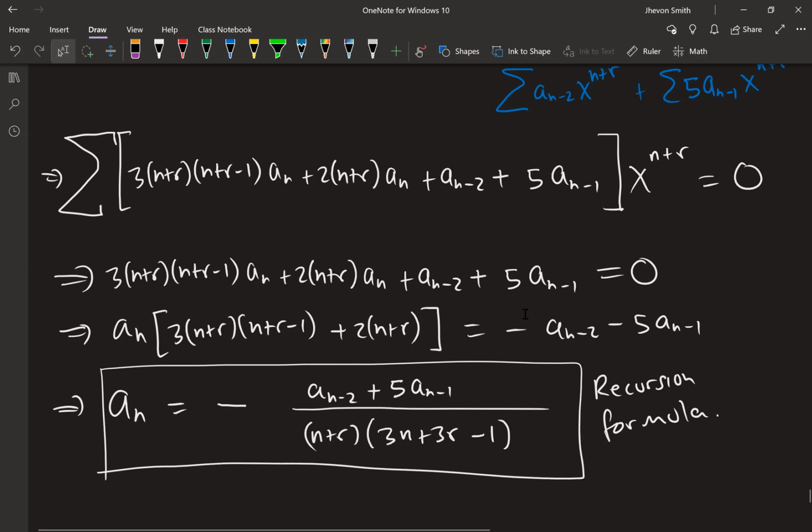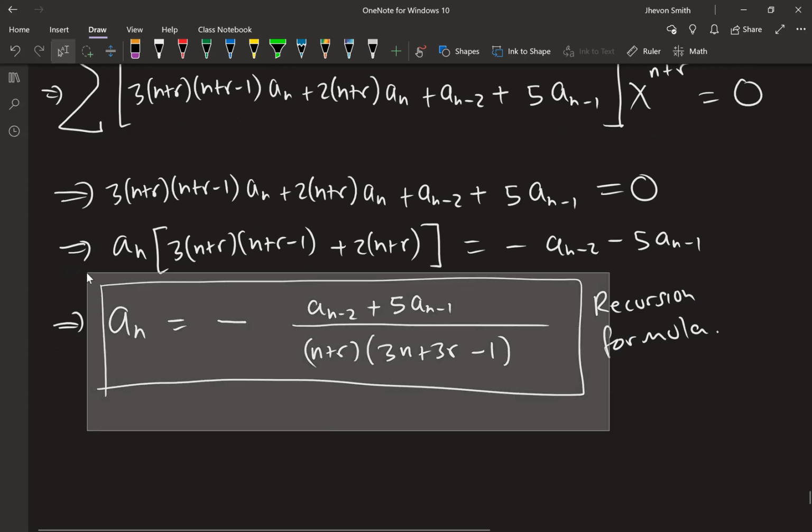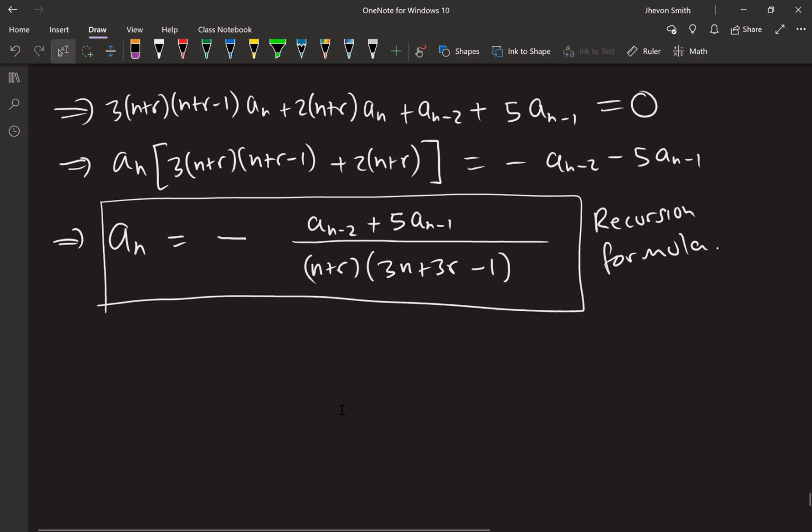Okay, but so you got the wrong r values, but what about this expression here? Did you get to this? The indices are a little bit different because the way I shift the index is a little bit different, but basically the same.